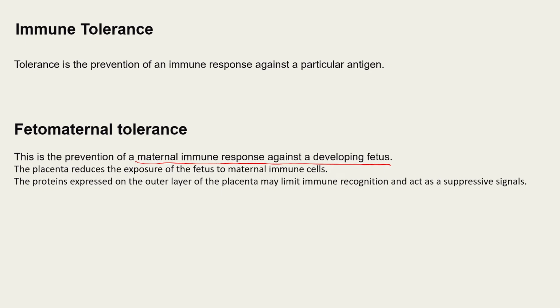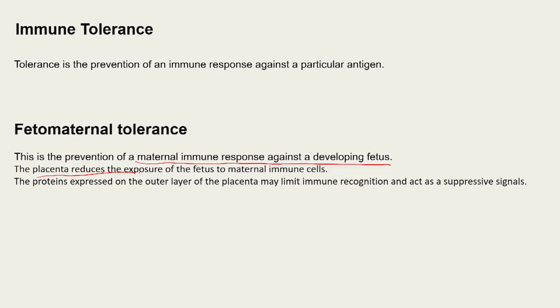The very important aspect of this phenomenon is the involvement of the placenta. The placenta reduces the exposure of the fetus to maternal immune cells. The immune cells circulating in the fetus are not getting mixed with the mother's side because of the barrier, and this barrier is the placenta.